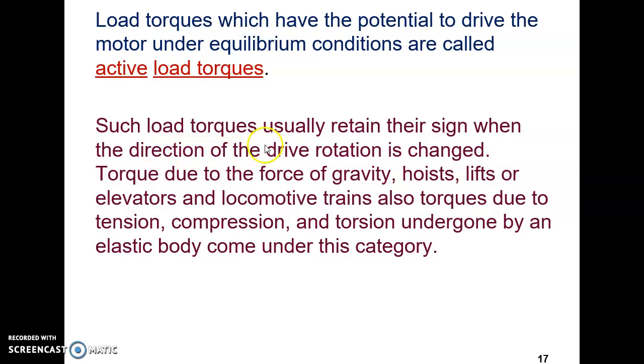Such load torques usually retain their sign when the direction of drive rotation is changed. Torque due to the force of gravity, hoists, lifts or elevators, and locomotive trains, and also torques due to the tension, compression or torsion undergone by an elastic body, come under this category.